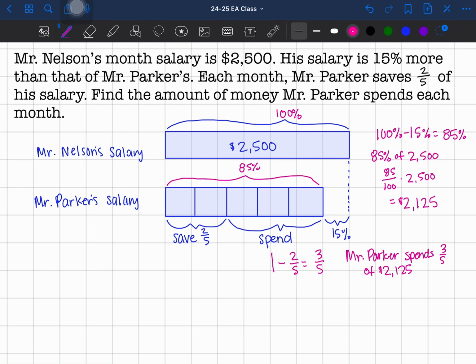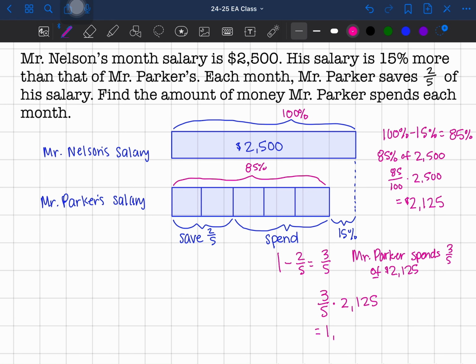So we would do 3/5 times 2,125, and we should get $1,275. So Mr. Parker spends $1,275 each month.